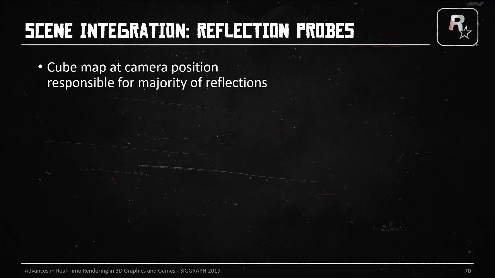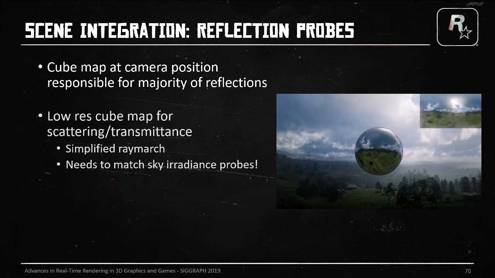And the majority of reflections in our game is coming from a cube map, which we update at the camera position. So we do basically the same thing for the volumetric ray marching in a much lower resolution cube map, and once again simplified. But it needs to match the sky irradiance probes for the proper BRDF model. And we do this in 0.15 milliseconds on PS4.